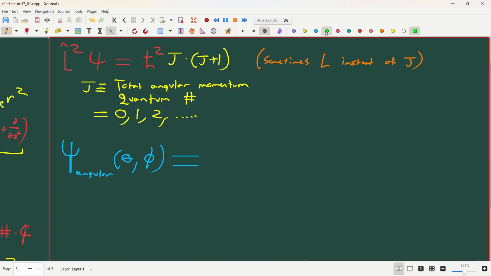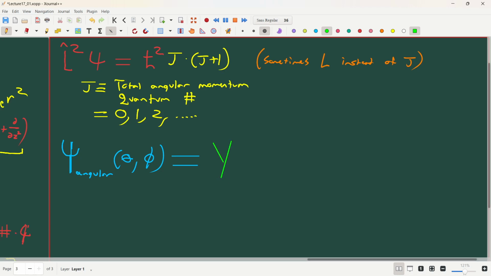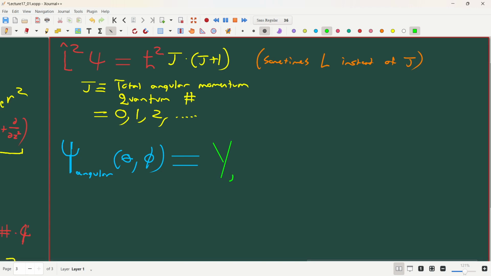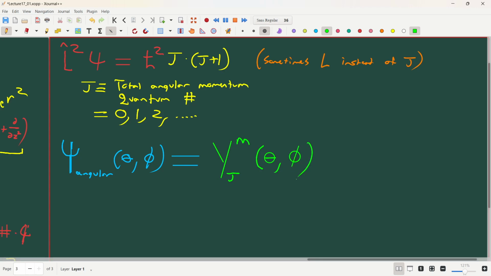We have a very special label for them. We give them the label Y, and they take two numbers, J and M, and they're functions of theta and phi. By the end of this class, we'll understand what both of them are. J is the same J as this one.